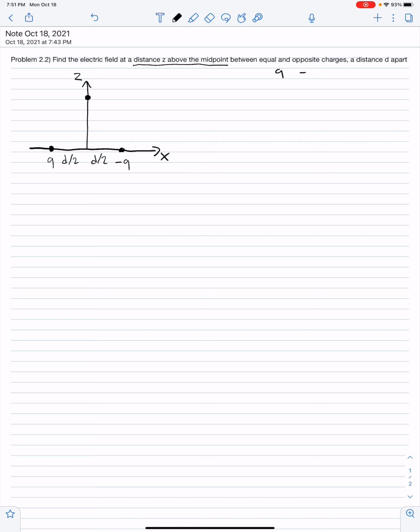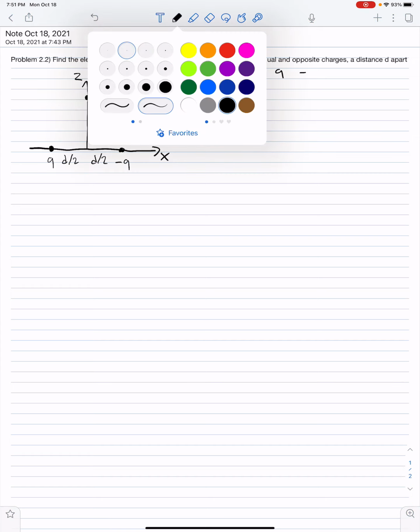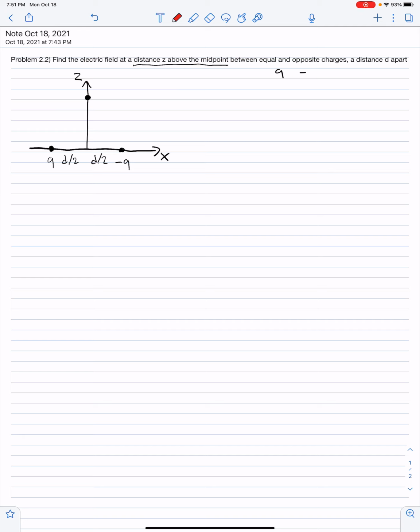So let's draw our electric field contributions from each of these charges to our point on the z-axis. So I'm going to draw my first electric field here. And we'll call that E1. And then I'll draw my second one. And you can actually see, since it's a negative Q charge, the electric field will point towards it, from the other side.